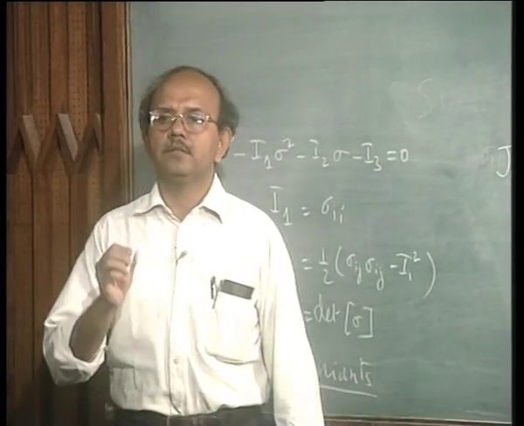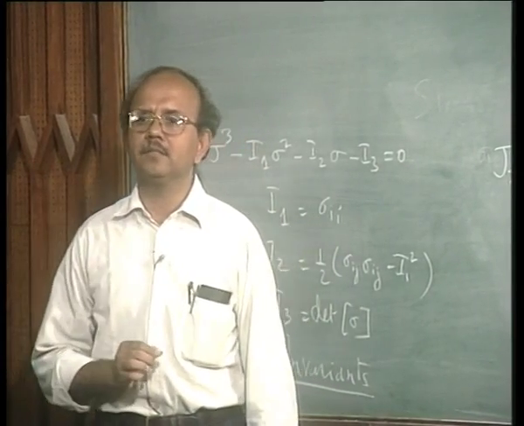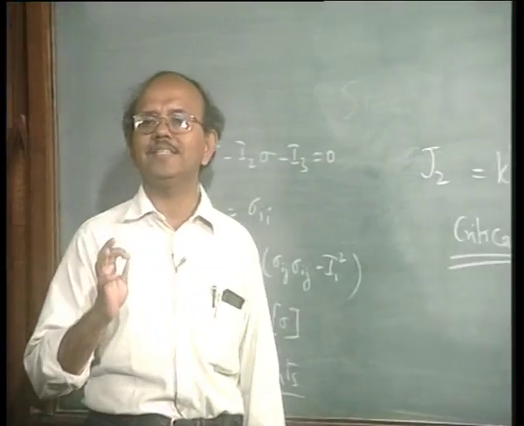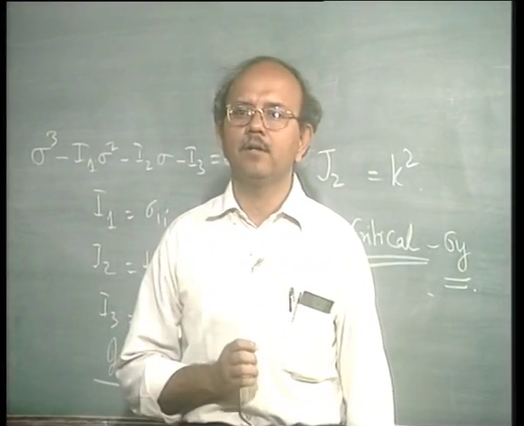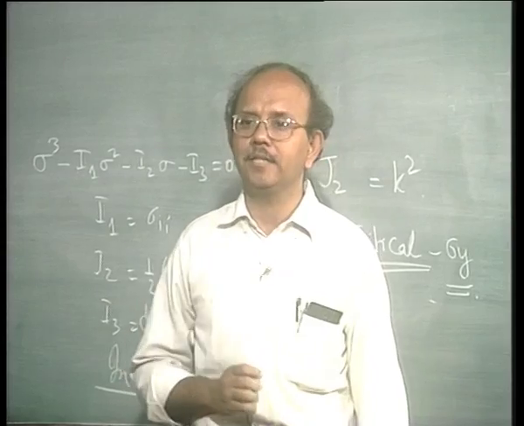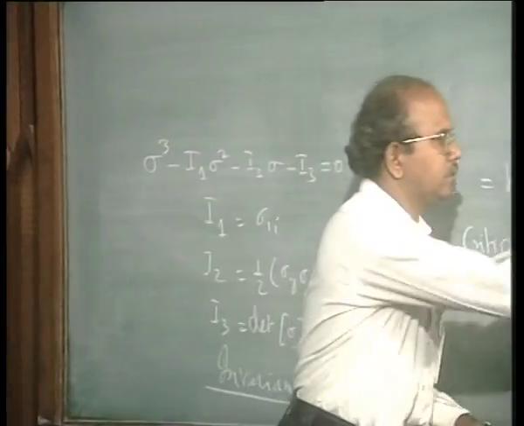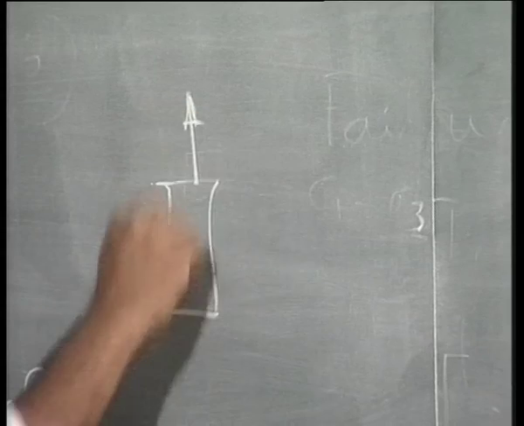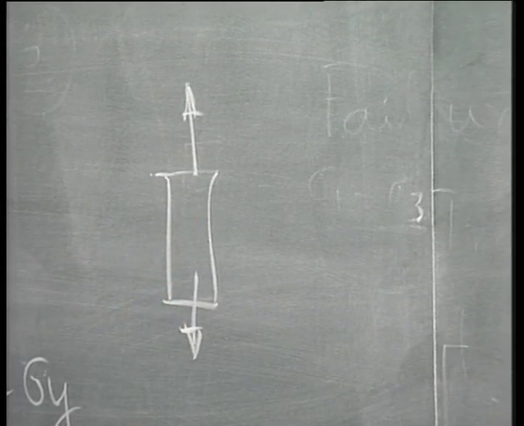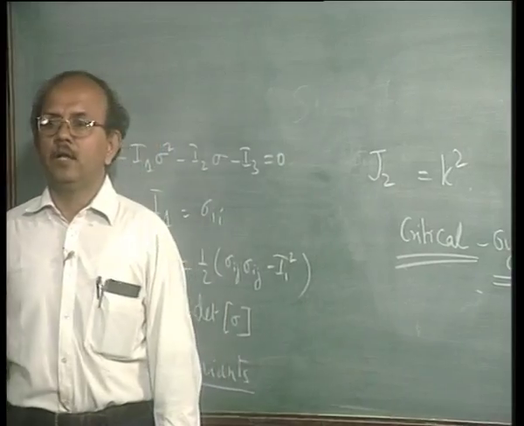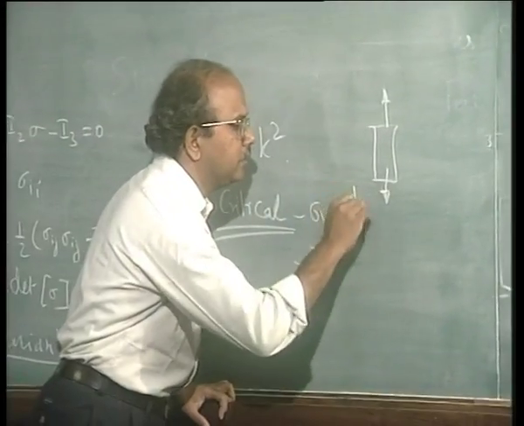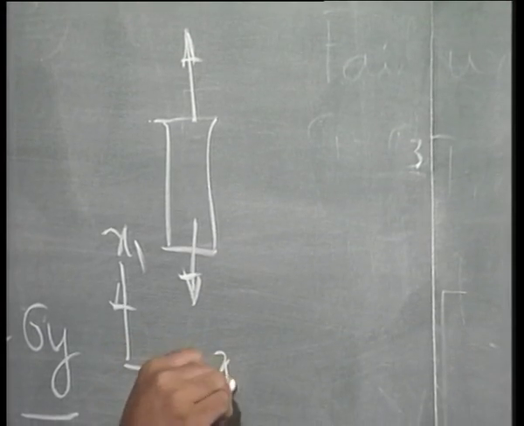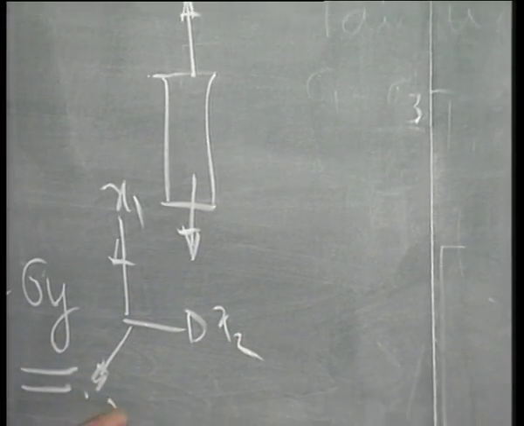We will stop with just one sentence as to what the stress tensor is for a uniaxial case. So, this is the uniaxial case. What is the stress tensor? Let me have x1 in this direction, x2 and x3.